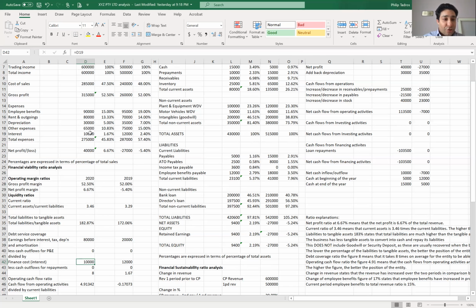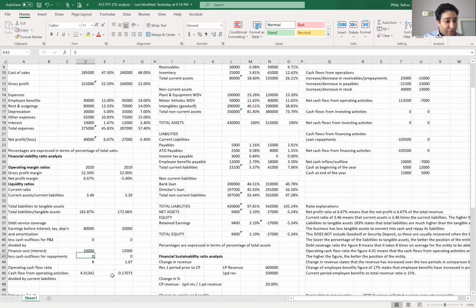Now we look at the finance cost, or the interest expense. So we take the finance cost or interest expense from the income statement for both years, and we then take the cash outflows for property, plant, and equipment. So from the cash flow statement, in this case, in 2020, there was no cash outflow from property, plant, and equipment. And there's no cash outflows for repayments, or it's $10,000 in this case.